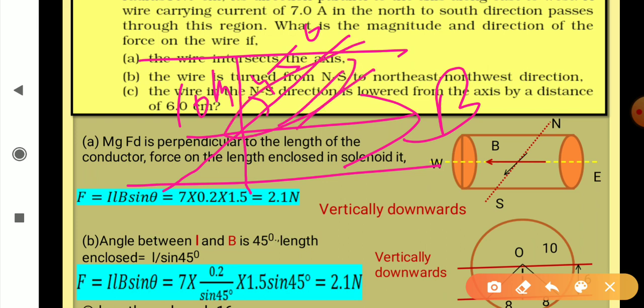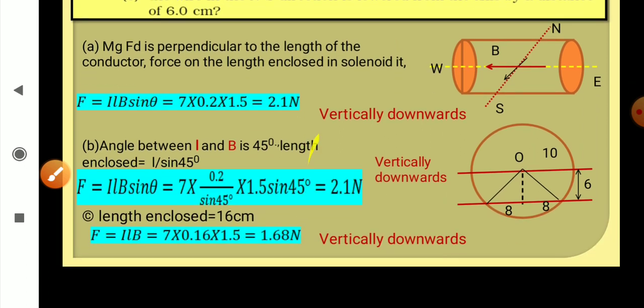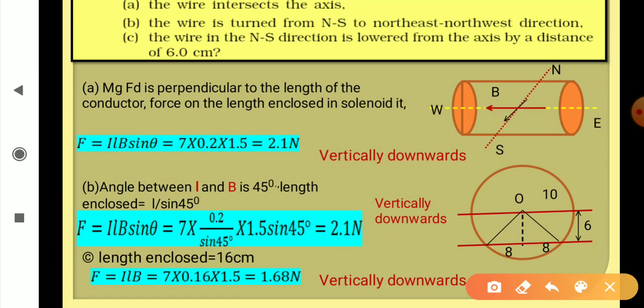Now this length will be equal to, if you write formula of sine 45, then you will get perpendicular upon hypotenuse, or the hypotenuse will be equal to length upon sine 45. So here the length enclosed becomes the length upon sine 45.